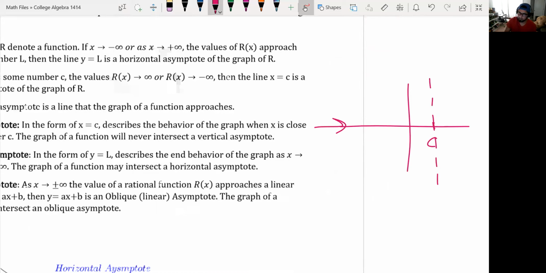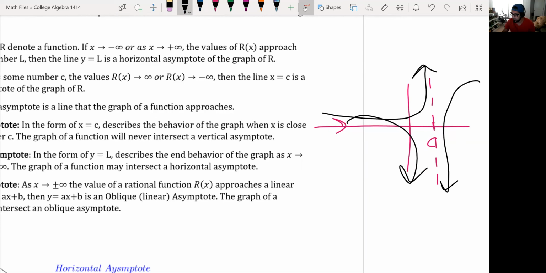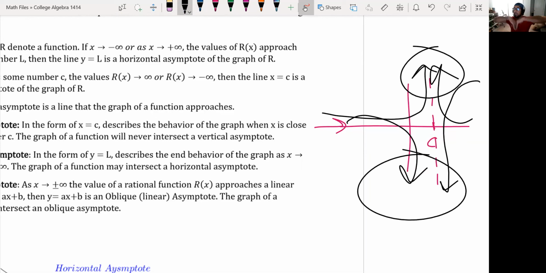Here's my vertical asymptote, and as we approach c, one of my tails can head towards infinity, and one of my tails can head towards negative infinity. Or the opposite can be said. The tail from the left can go down to negative infinity, and the tail from the right can go up to infinity. Or two other things can be said. As you approach a vertical asymptote, both tails can head towards infinity, or both tails can head down to negative infinity. So that's how vertical asymptotes work.